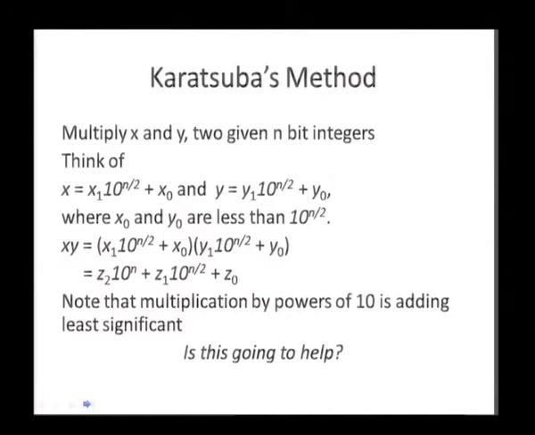We want to multiply x and y, which are two n digit integers, and the way we do this is to look at x and y in a slightly different way. We consider x to be in the form x1 multiplied by 10 to the power of n by 2 plus x naught, and y to be y1 times 10 to the power of n by 2 plus y naught.